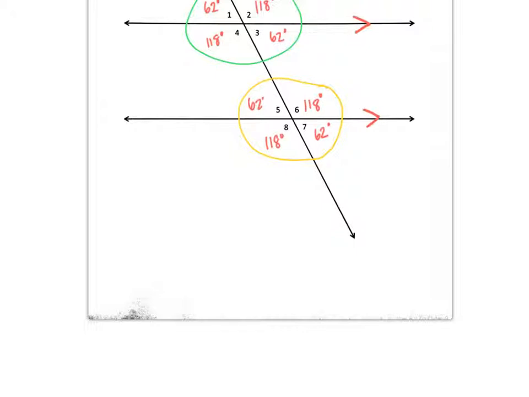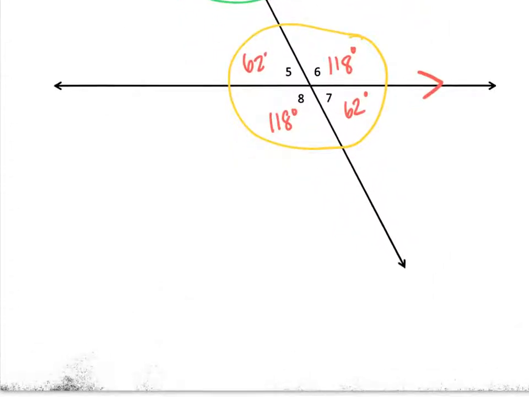Our first one is called corresponding angles. Corresponding means that when we look at the first 4 and then the last 4 angles, it's the ones that are matching, or you can think of it as in the same corner.